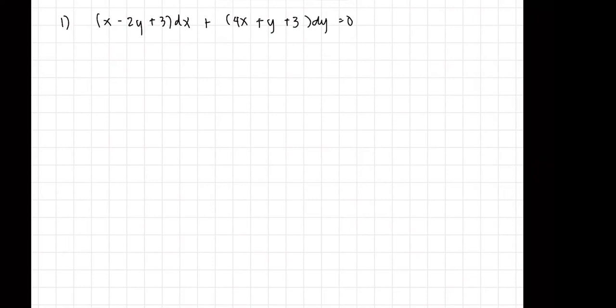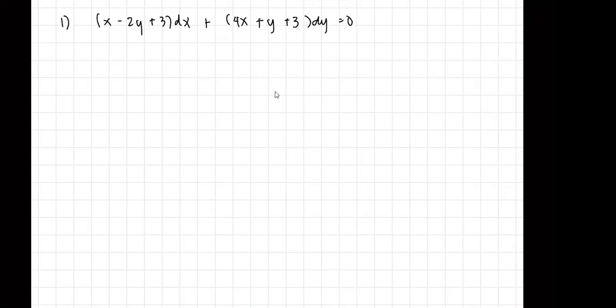Okay, so yung problem natin is again (x - 2y + 3) dx + (4x + y + 3) dy = 0. Since na-prove natin na hindi siya parallel, kunin natin yung point of intersection niya.